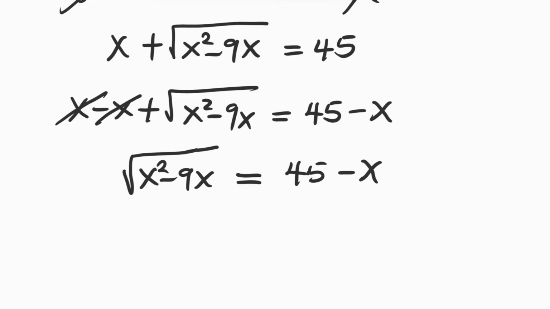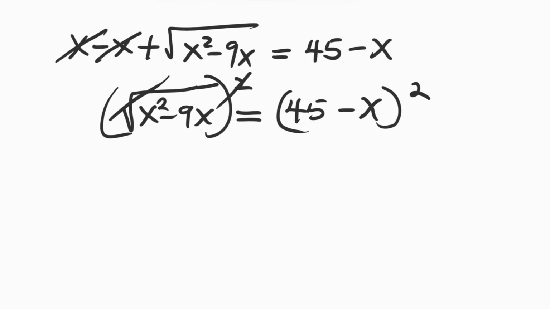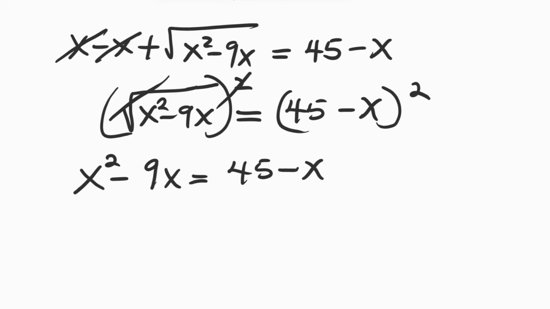Now to get rid of the square root on the left hand side, we have to square both sides. So on squaring both sides, this 2 cancels out the square root, and so we have x squared minus 9x equals 45 minus x all squared.